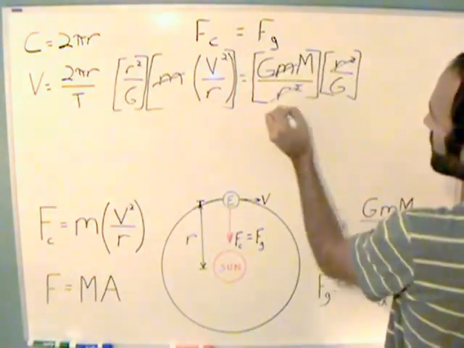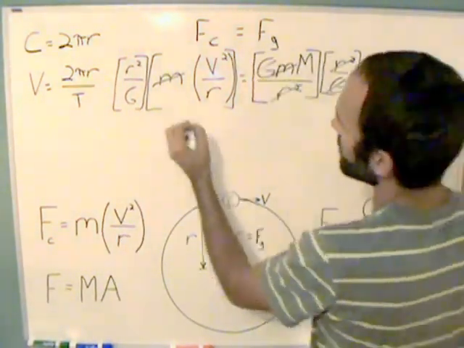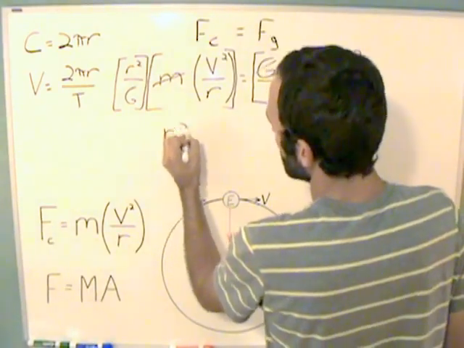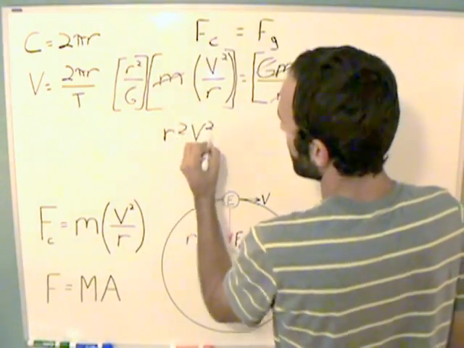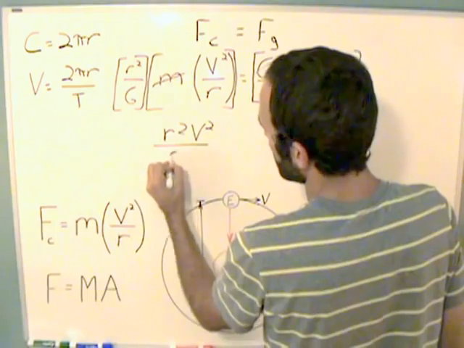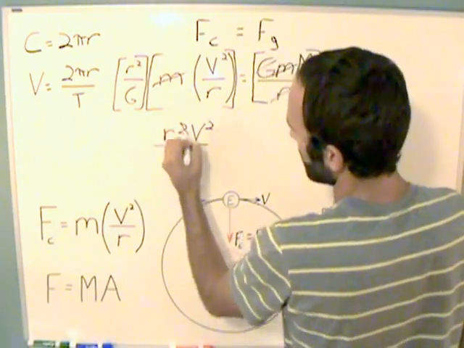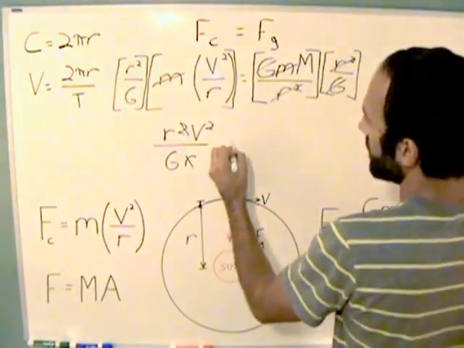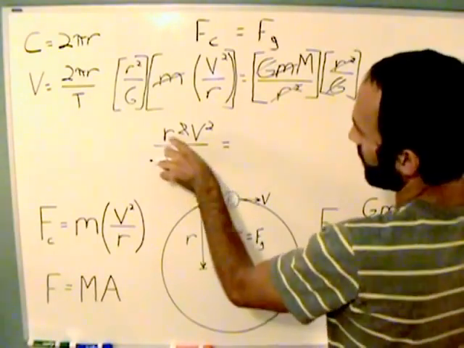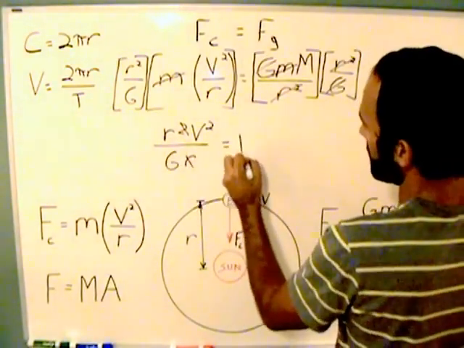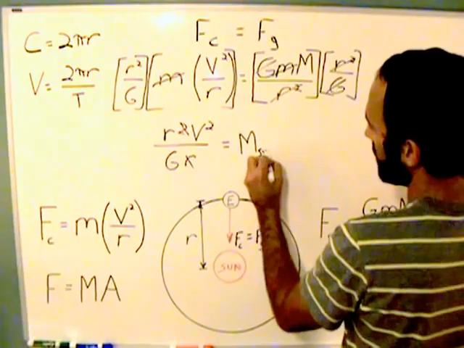So R squared cancels, G cancels, G cancels. Over here you've got R squared times V squared over G times R, and then this R cancels. So you really just have R times V squared over G is equal to the mass of the sun.